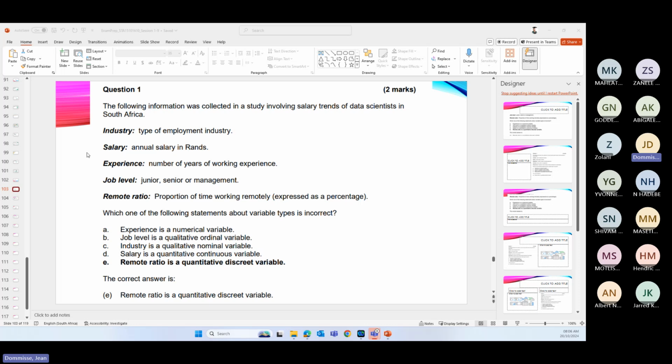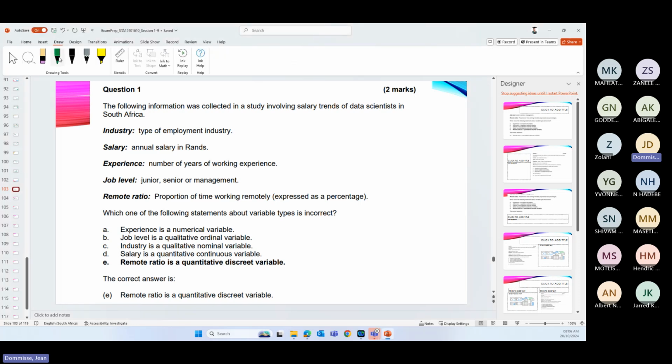Okay, so let's start nearly back at the beginning. Study unit 1, we look at variables. This one is telling us a few things.